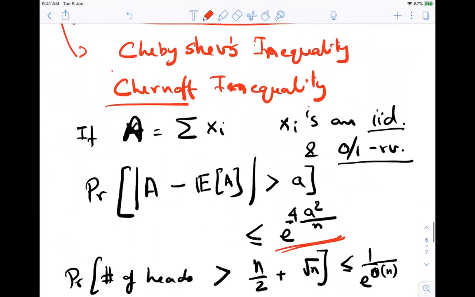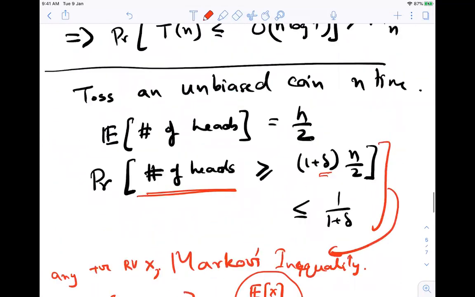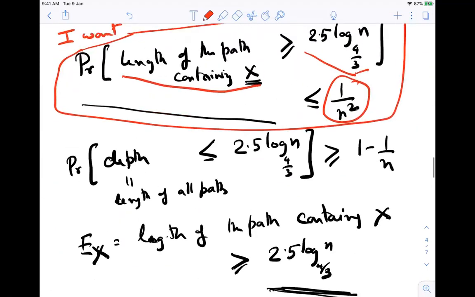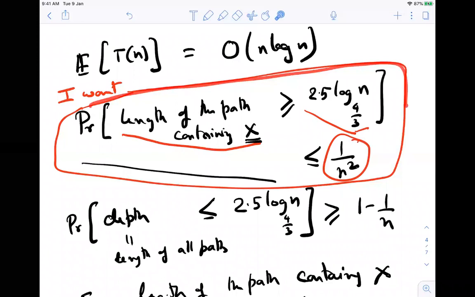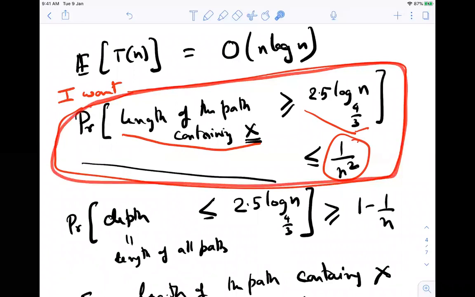Now I should complete or close this lecture. Whatever is written here in the red box follows from Chernoff's inequality. In fact, you don't need it to be 2.5. You go and do the calculation, you will understand.